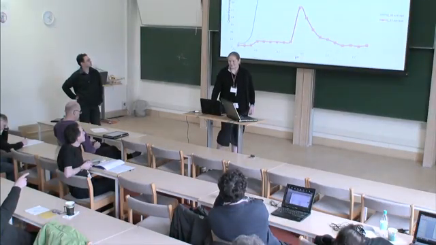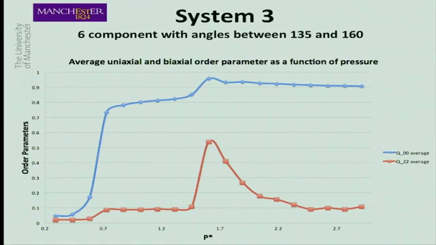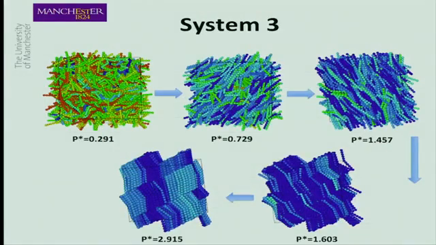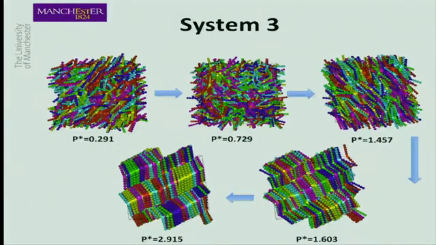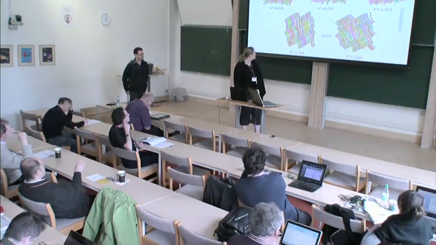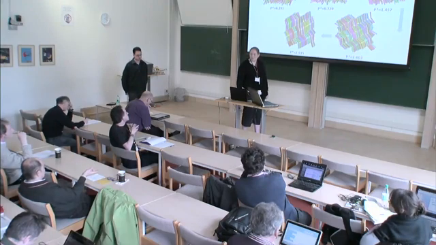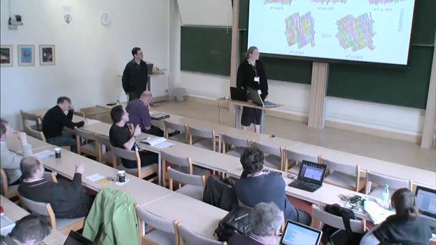That one passed from a smectic where you didn't have phase separation between different species to another one with zero biaxiality where, if I'm not wrong, you had phase separation between species, more or less. Could you comment on that? Because you didn't see this kind of behavior in the other models. So why did it happen here and not in the other ones?